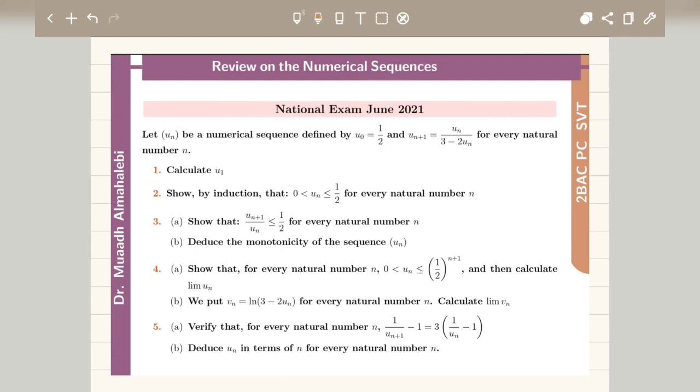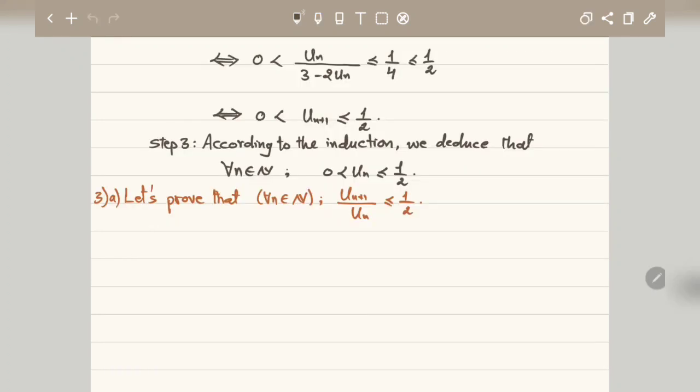In question 3, sub-question A: show that un+1 over un is smaller than or equal to 1/2 for each natural number n. First, we simplify the fraction un+1 over un. For each n belonging to N, un+1 over un equals, by the definition of the sequence, un over 3 minus 2un, all over un.